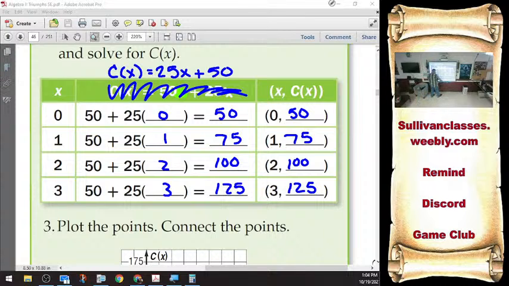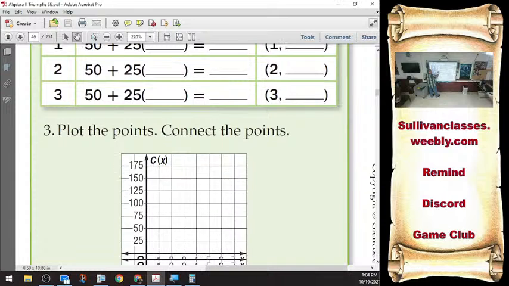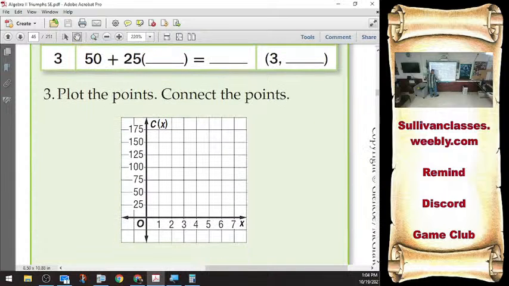Now that I've got this table, I've got a whole bunch of coordinates that I'm going to graph. I want you to plot those points. We had 0, 50. 1 what? 75? 2 what?